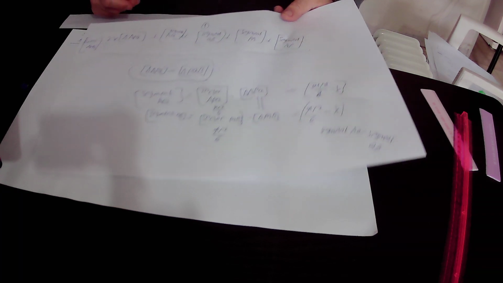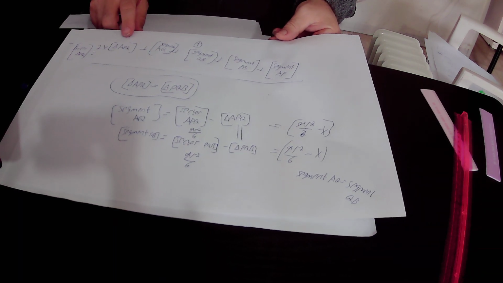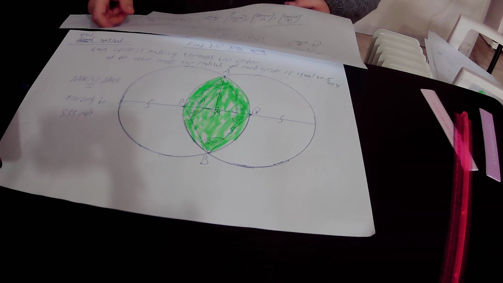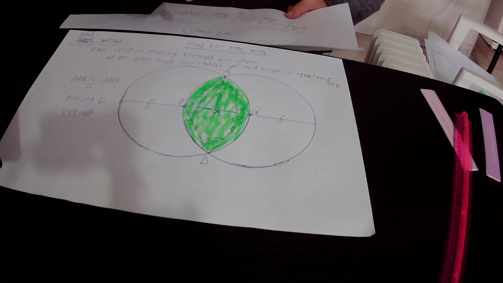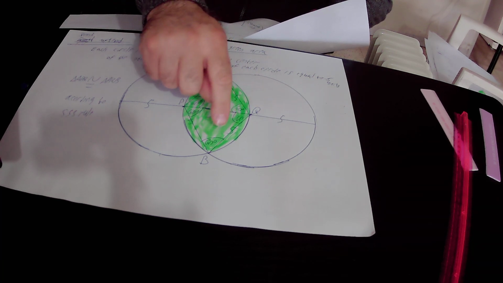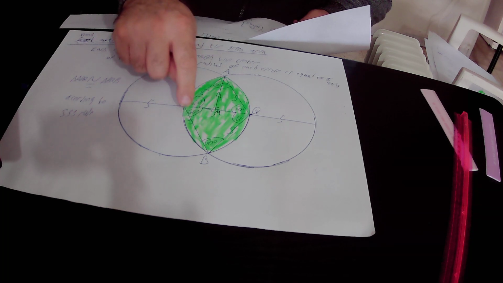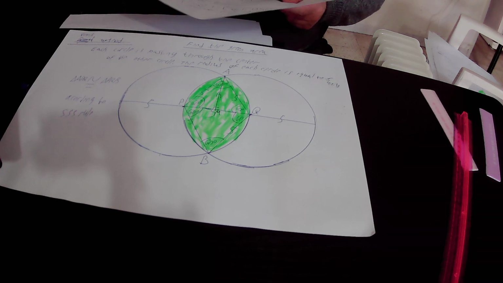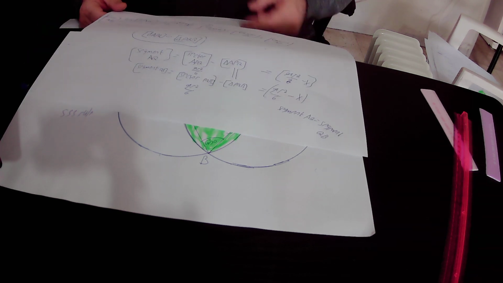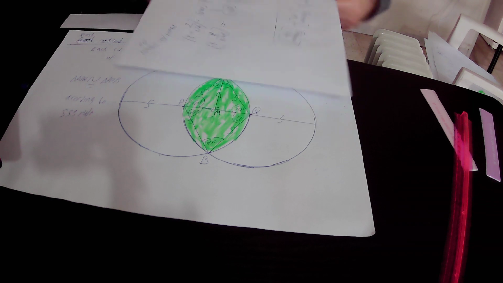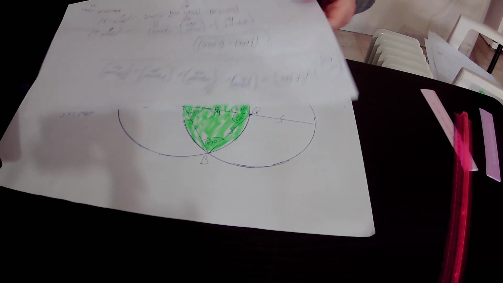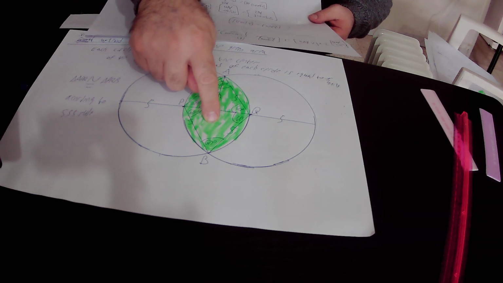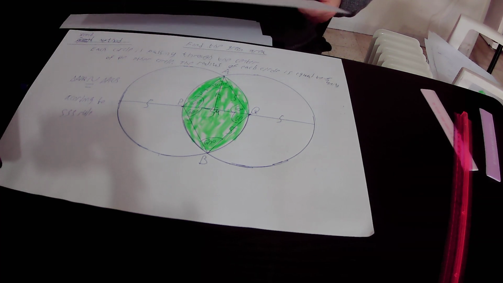So the area of the green shape equals 2 times the area of triangle APQ, that is the area of those two triangles, plus the area of segment AQ, plus the area of segment BQ, plus the area of segment BP, plus the area of segment PA. Okay? And we know that the area of triangle APQ is equal to the area of triangle BPQ because they can go into each other.